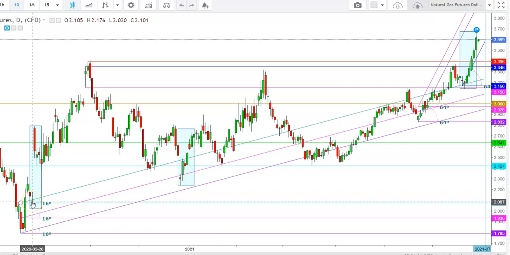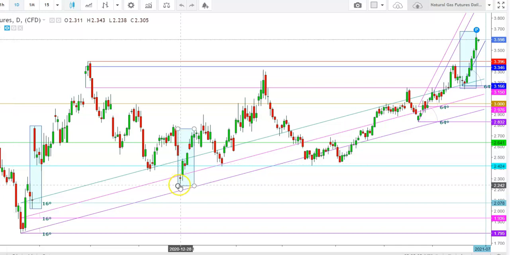We saw the formation of this bullish candle on September 28, 2020, when the natural gas futures formed this bullish formation here, and consequently we saw a big gap up opening on September 29, 2020.